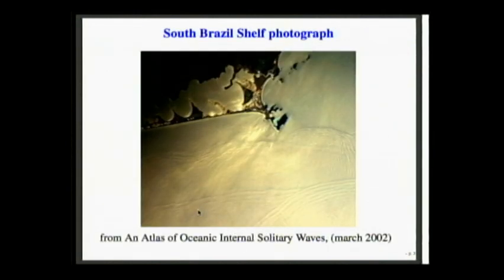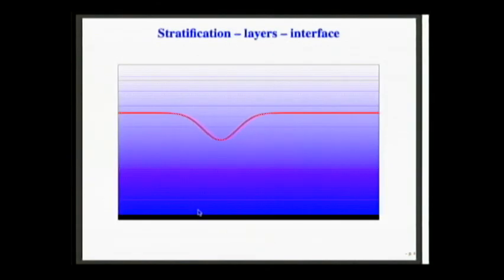I would like to talk about internal waves models, internal waves that appear on the shelf, like these ones on the South Brazil shelf. This was taken by an astronaut, and you can find it in the Atlas of Oceanic Internal Solitary Waves. It was taken in 2002.